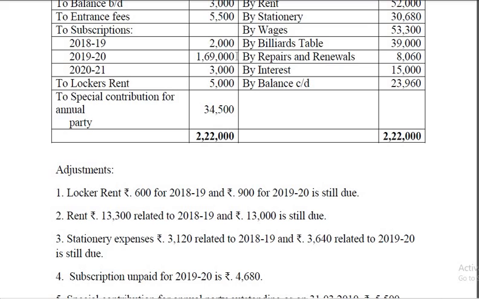Then it's an item on the asset side of the balance sheet. Anyway, let us confine ourselves to the income and expenditure account. So 1,69,000, to that this 4,680 should be added. Don't add or deduct 2,000, don't add or deduct 3,000, because they are given separately.